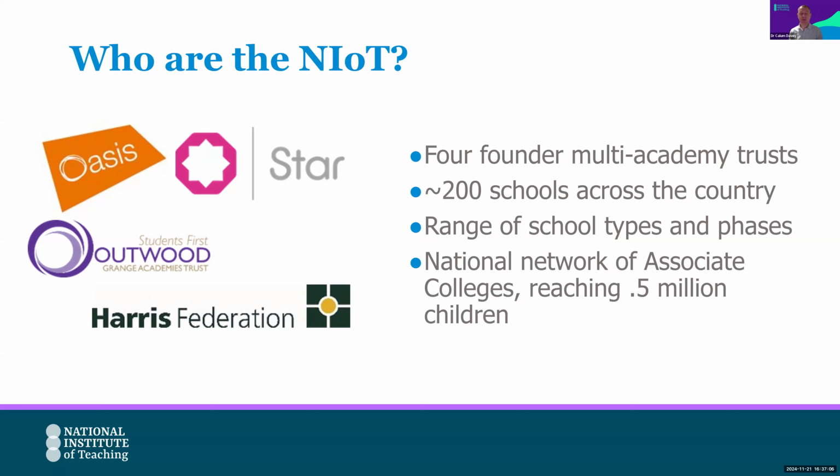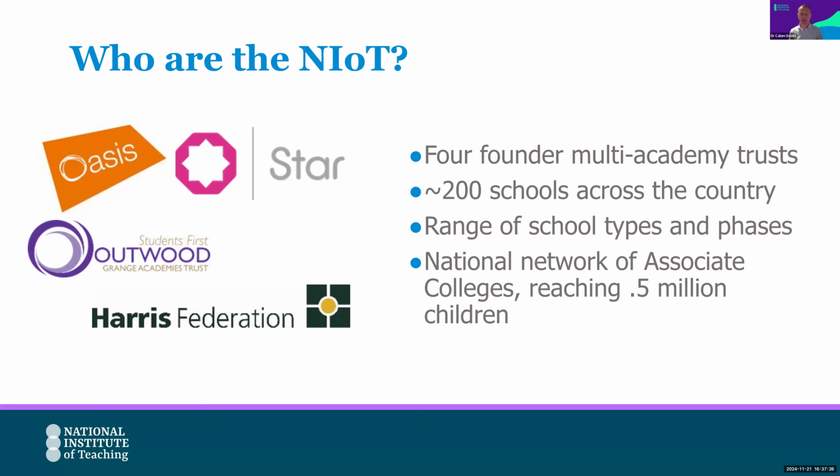Their primary reason for existing is to drive school improvement. And so these are trusts who were united in their aim that they wanted to bring about school improvement, especially for children from deprived backgrounds.